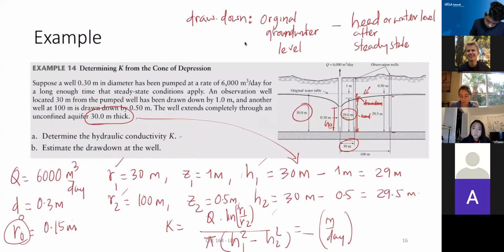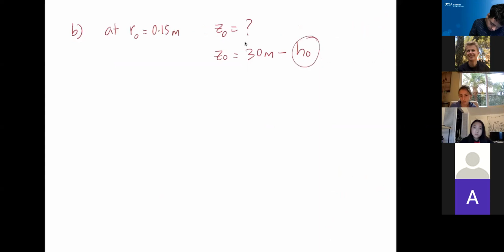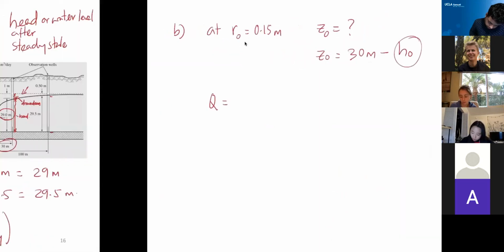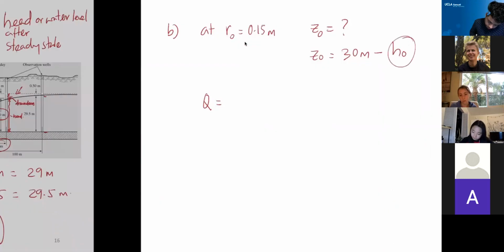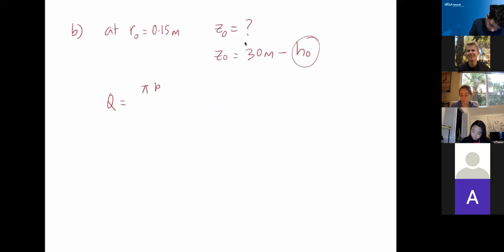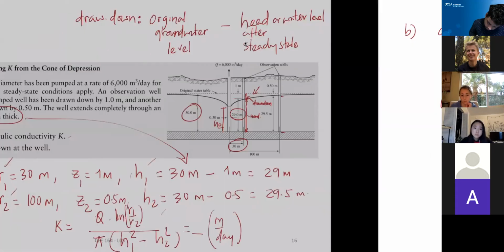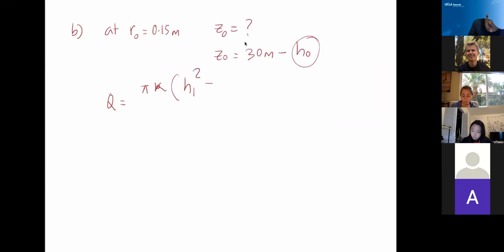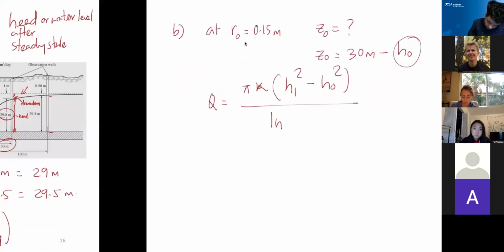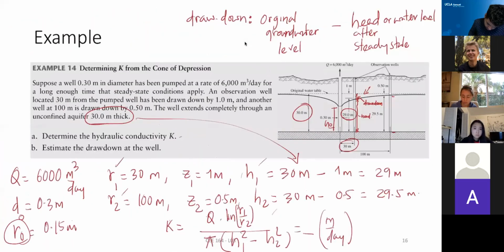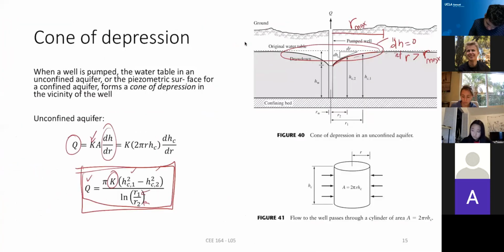Again, if you plug that equation, Q equal to pi K, if you write this equation, I'm just trying to look for that value, H1 minus, that's another H0. Because you just have to have the conjugate number R1 by R2.